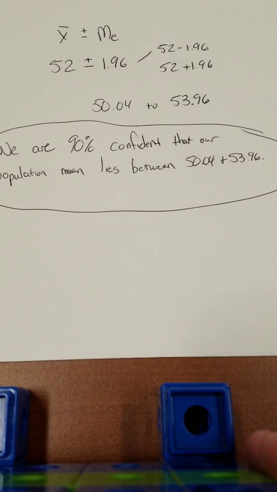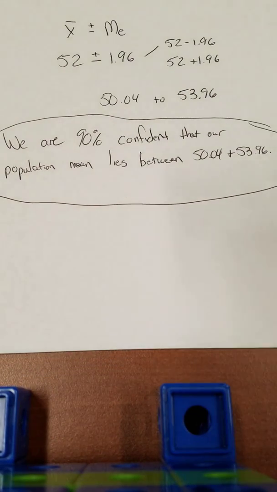That is our solution, okay? So for this data set, for this sample of whatever we were looking at, we calculated everything and then we write the sentence, we are 90% confident that our population mean lies between 50.04 and 53.96.